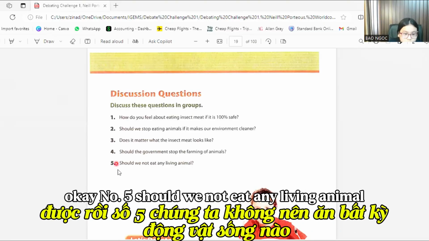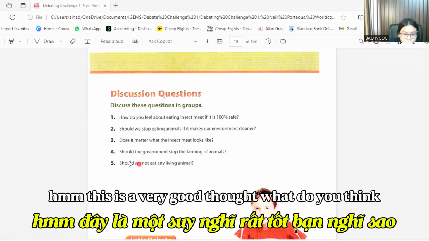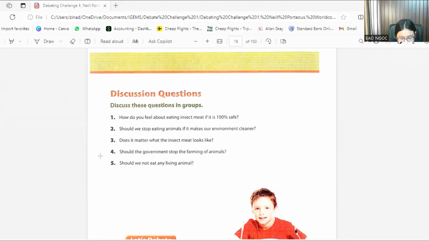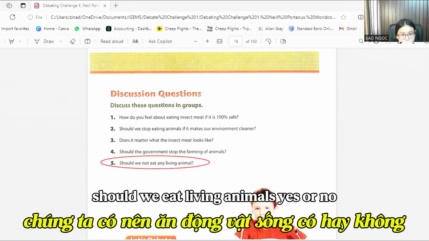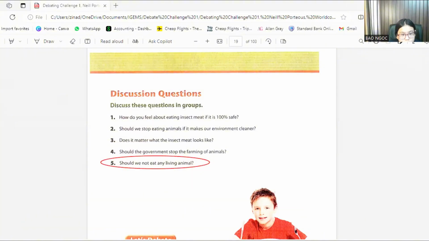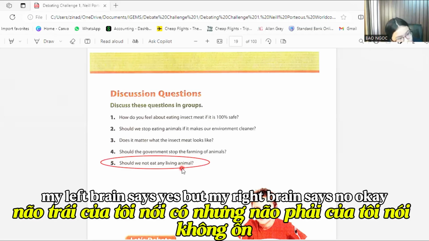Okay, number 5. Should we not eat any living animal? This is a very good thought. What do you think? Should we eat living animals? Yes or no? My left brain says yes, but my right brain says no. Okay.